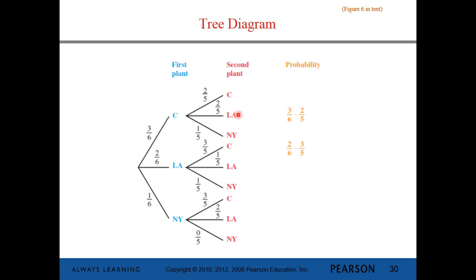And so we have to take both of those outcomes together. And so we're going to multiply down the branch, right? So we use the multiplication rule for conditional probability, since these are dependent events. So this is going to be 3/6 times 2/5, which gives us that one, or 2/6 times 3/5, which gives us this one, and then we're going to add them up.